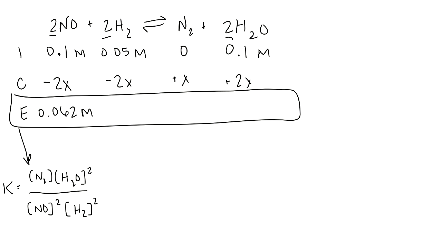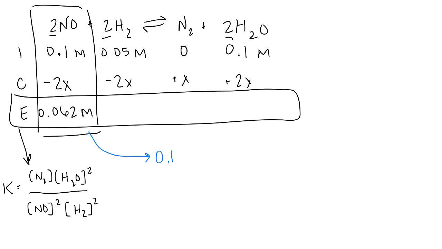So in our ICE table, we see that we do have one column that is completely filled, and that's this first column. So that means, since we know all of these pieces, we can solve for x using that information. So if I rewrite it out, we can say 0.1 minus 2x equals 0.062.